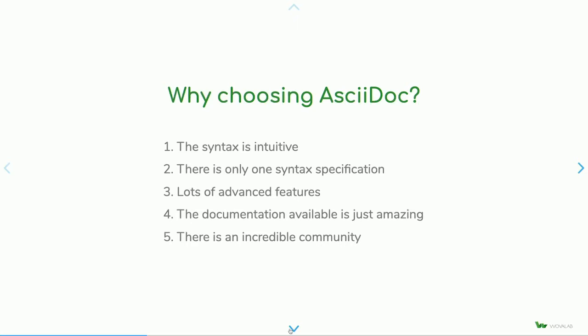So when you learn Markdown in GitHub, it's probably different on some point from the Markdown used on GitLab. With Asciidoc, you learn Asciidoc once and over. So it's really something important to choose Asciidoc over the other lightweight markup language.